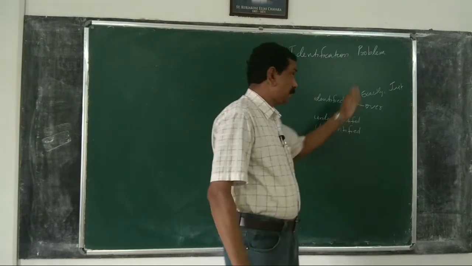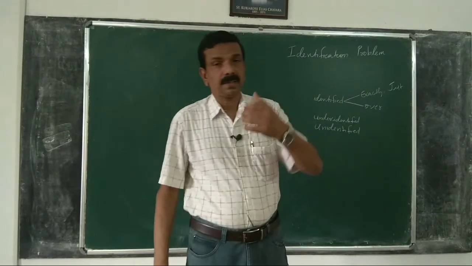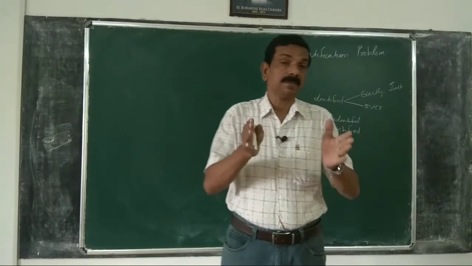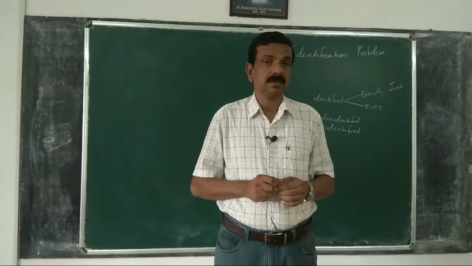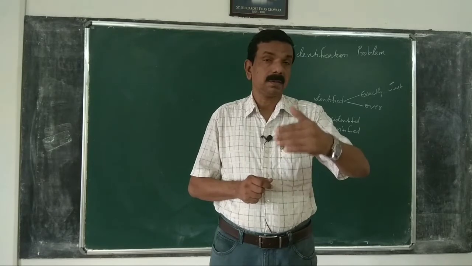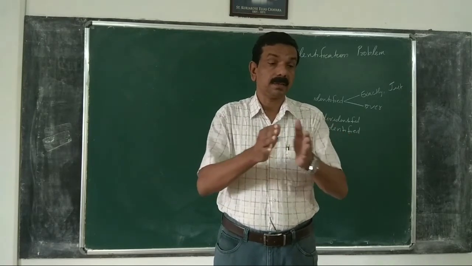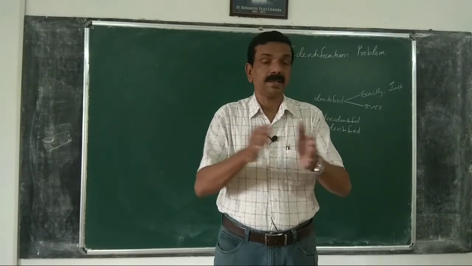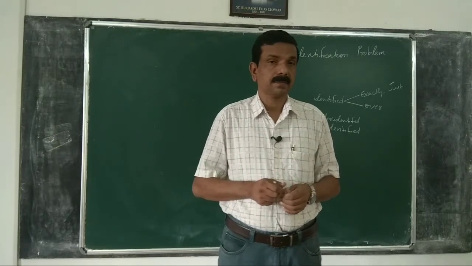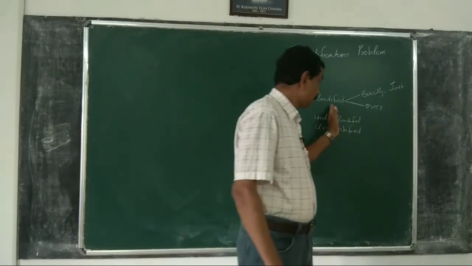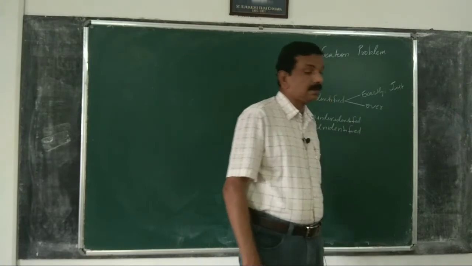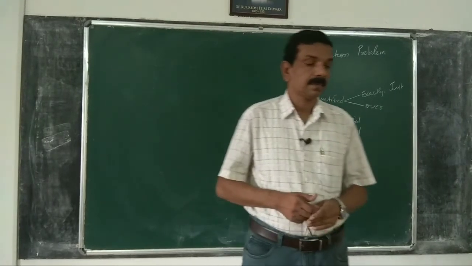So if the structural parameters of an equation can be retrieved from reduced form coefficients, that equation is identified. Otherwise it is unidentified or under-identified. An identified equation is exactly or just identified or over-identified.